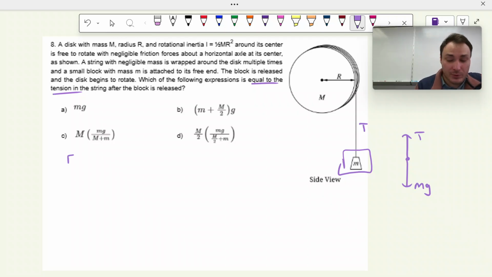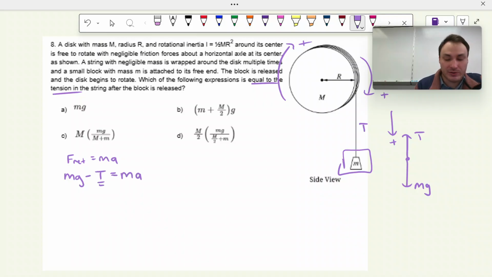We know that the net force equals mass times acceleration. In this case, I'm going to consider down to be positive, and that also considers clockwise to be positive. The net force is going to be mg minus tension is equal to mass times acceleration.